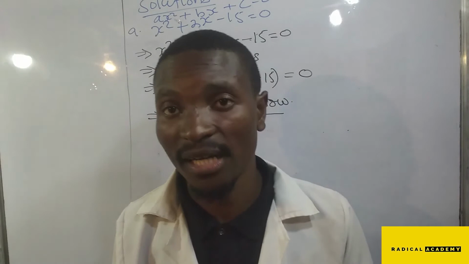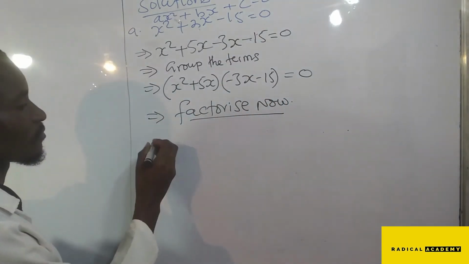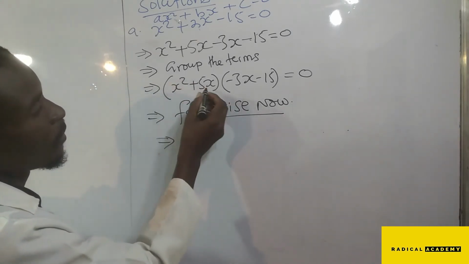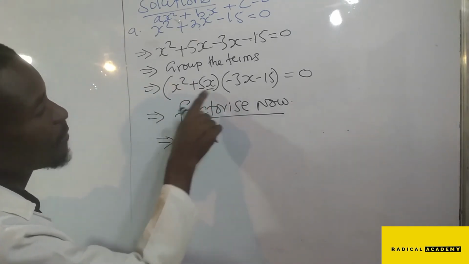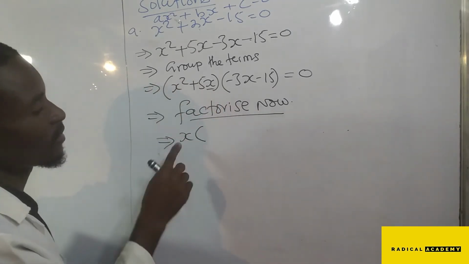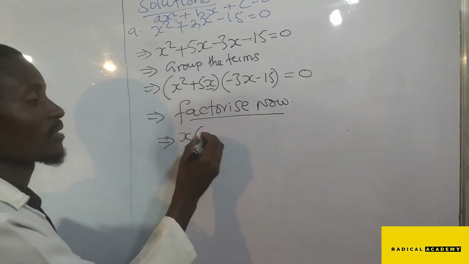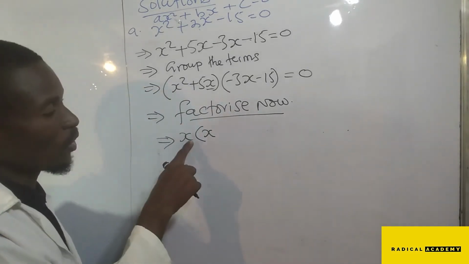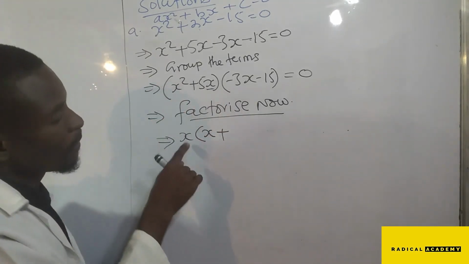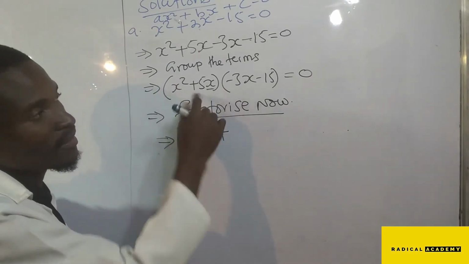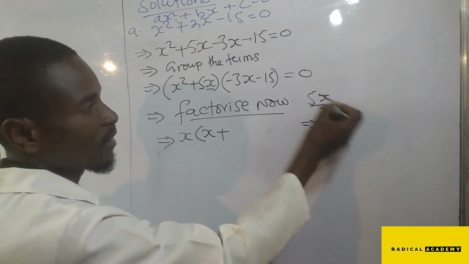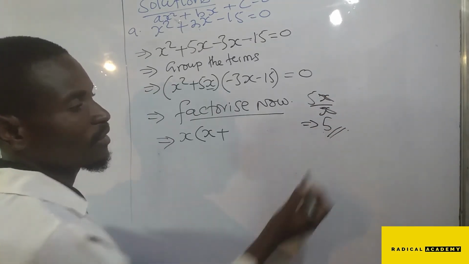Look for the common factors. So what is common? x is in 5x and then x squared. So x is appearing, so you say x open bracket, and then x squared divided by x, you just say x, because x times x gives back x squared, plus 5x divided by x is just 5.